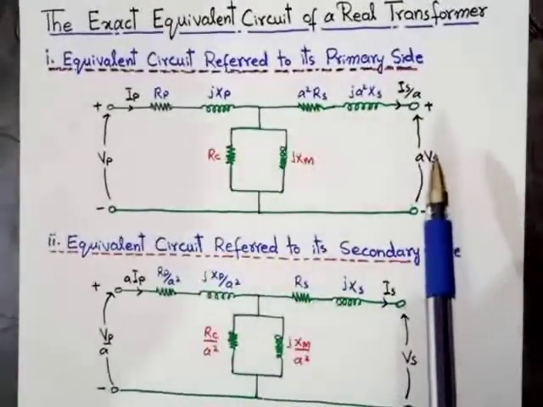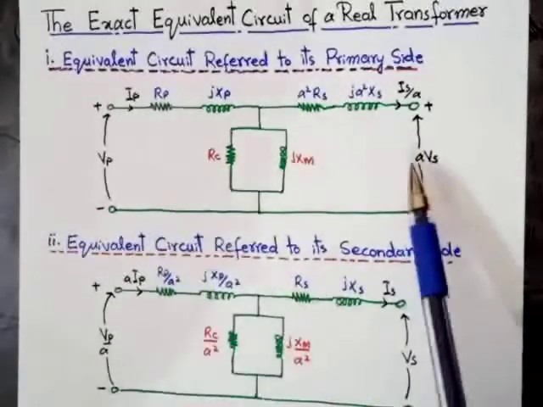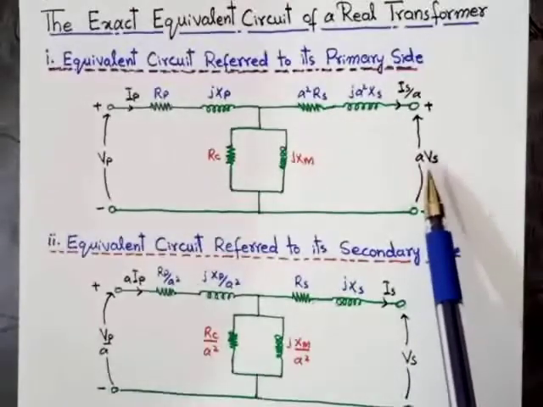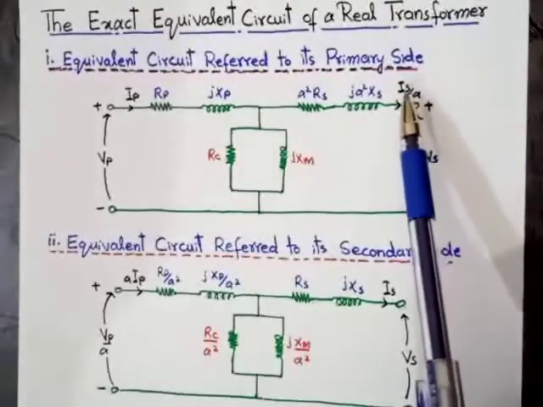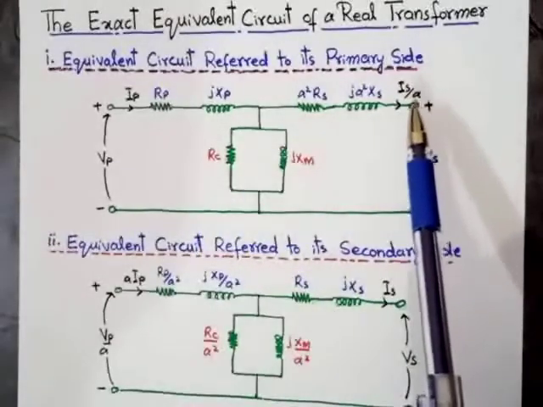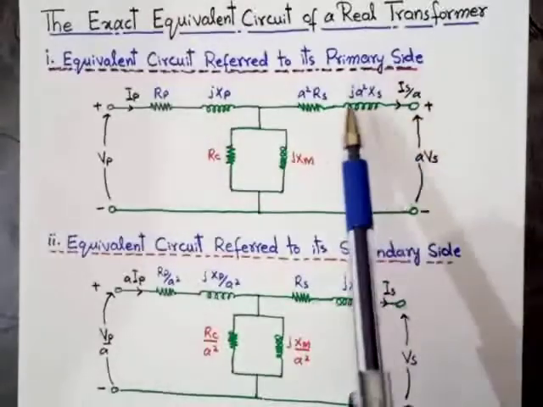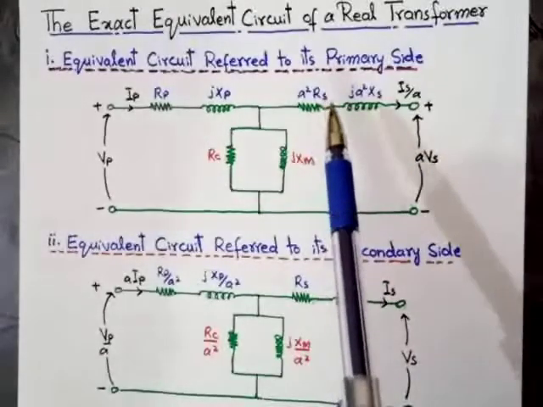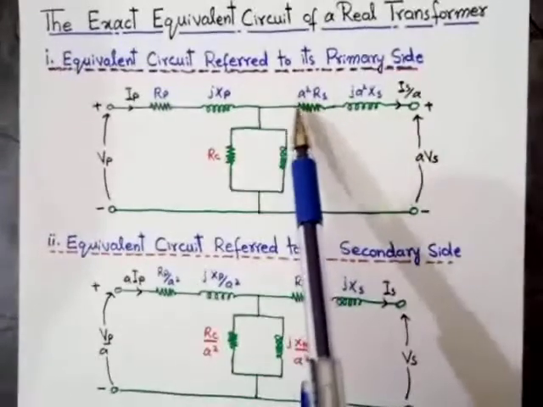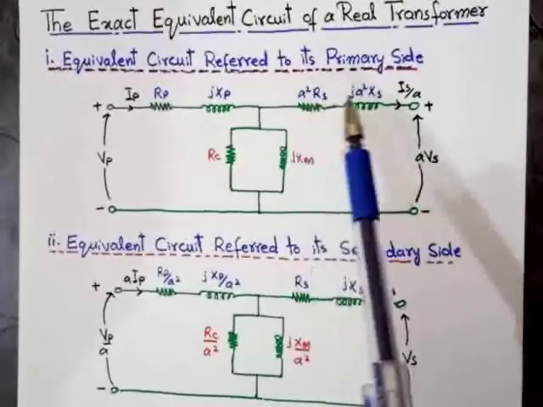If we convert the secondary voltage source into the primary voltage source, as we have already discussed, we just multiply by the turn ratio. If we want to convert the secondary current into the primary side, then we divide by the turn ratio A. And if we want to convert the impedance, resistance or reactance from the secondary side into the primary side, then we just multiply it by the turn ratio square, that is A square.